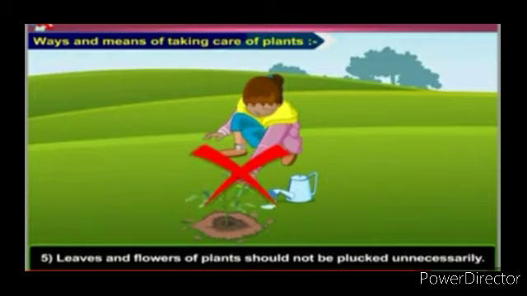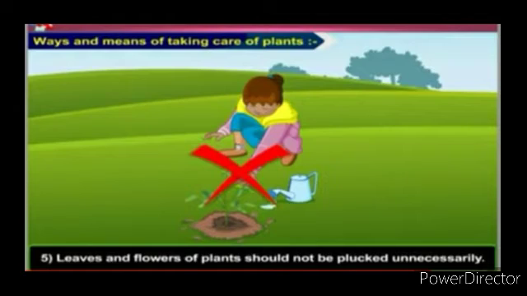Leaves and flowers of plants should not be plucked unnecessarily. Children, when there is no need, you don't pluck the leaves or flowers. See children, in this picture the girl is doing a wrong thing because she is removing the leaves and flowers. You should not do it this way.